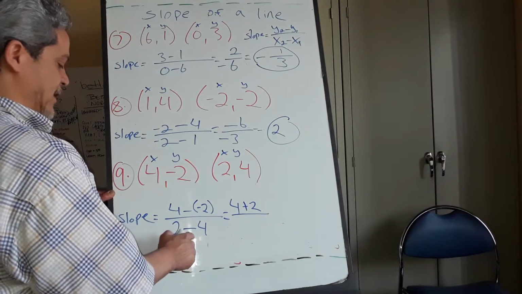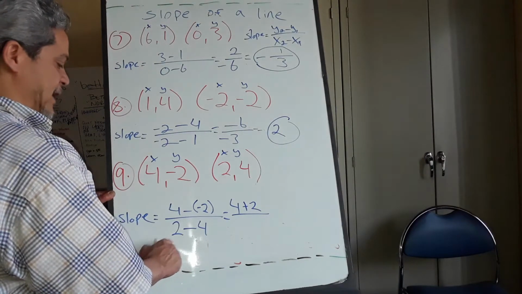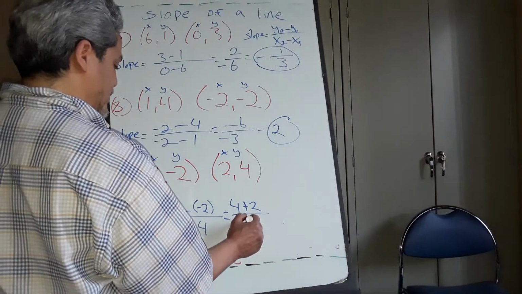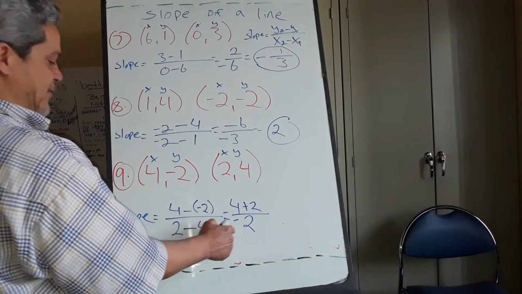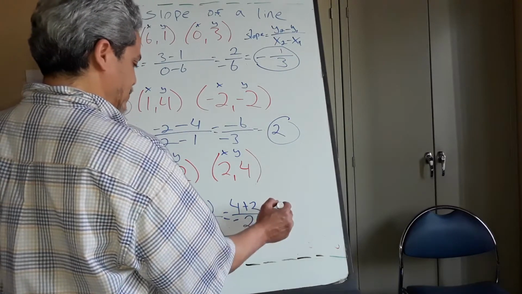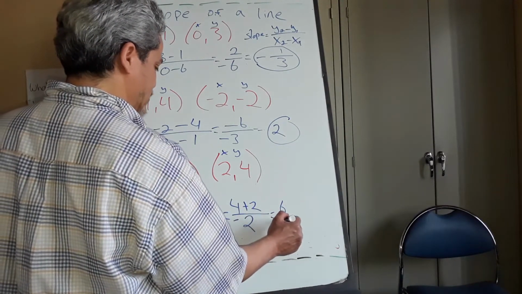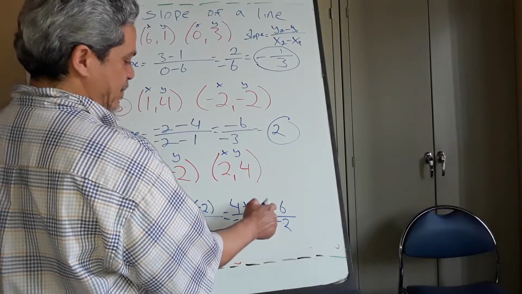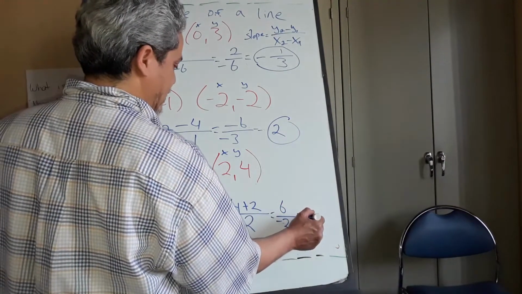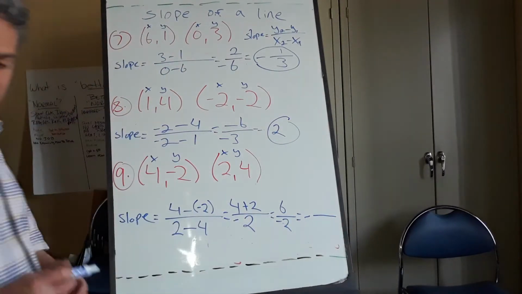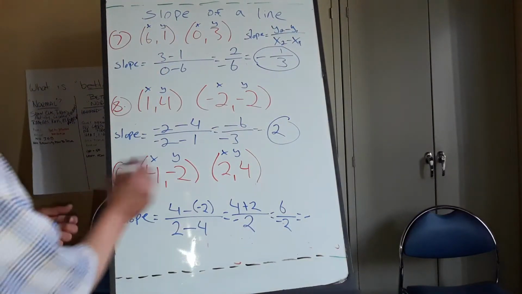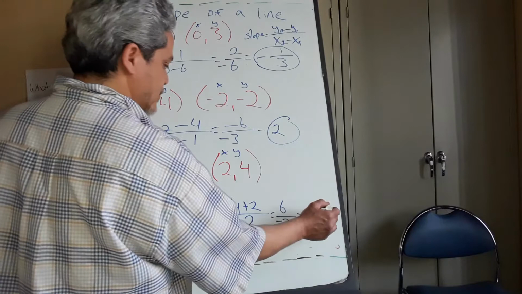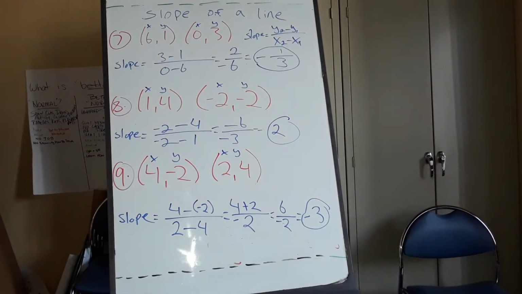And here we have a negative and a positive. We're going to subtract and keep the sign of the larger number. We have a negative 2 down here. 4 plus 2 is 6 over negative 2. A negative and a positive is going to give us a negative. And 6 divided by 2 is 3. So our slope for number 9 is going to be negative 3.